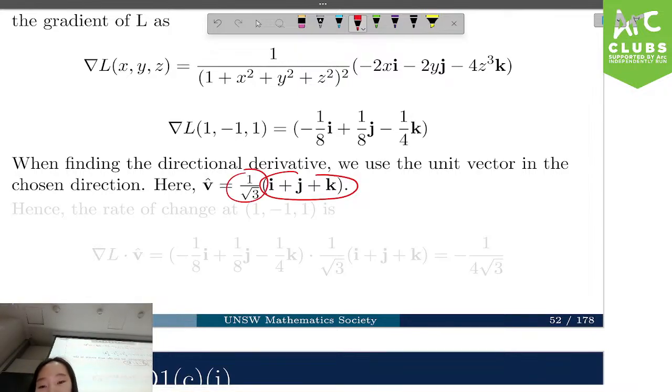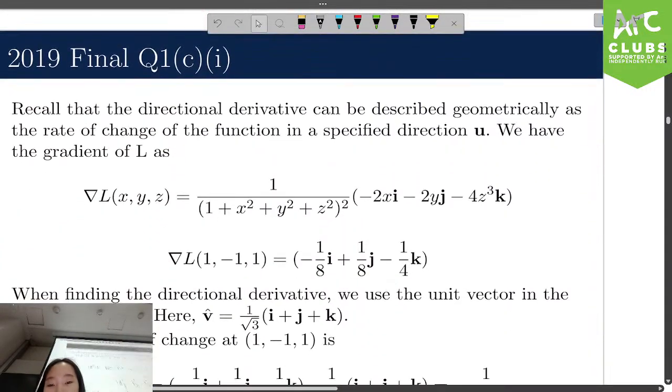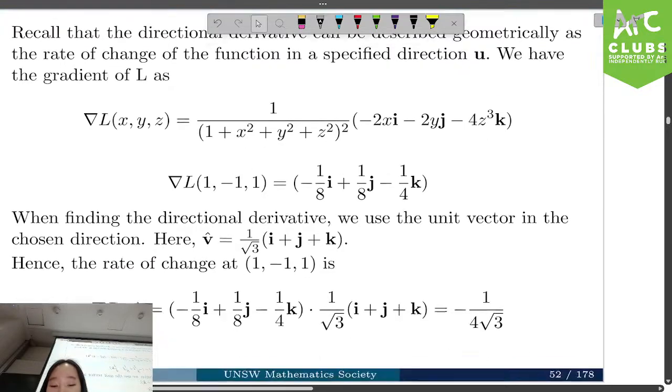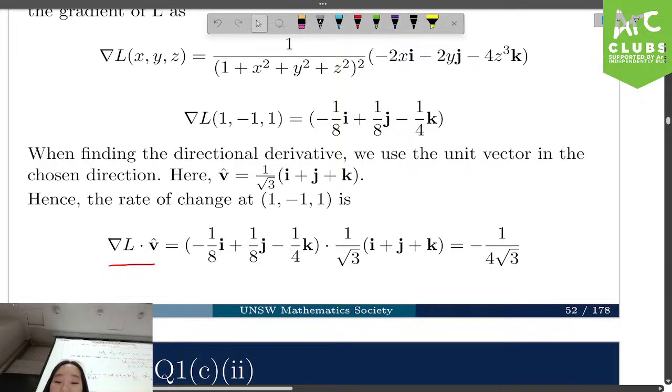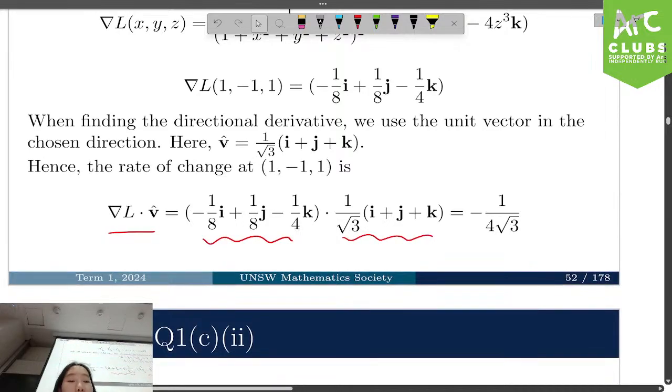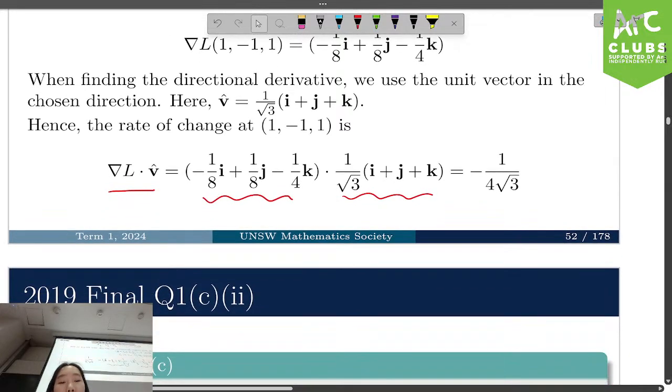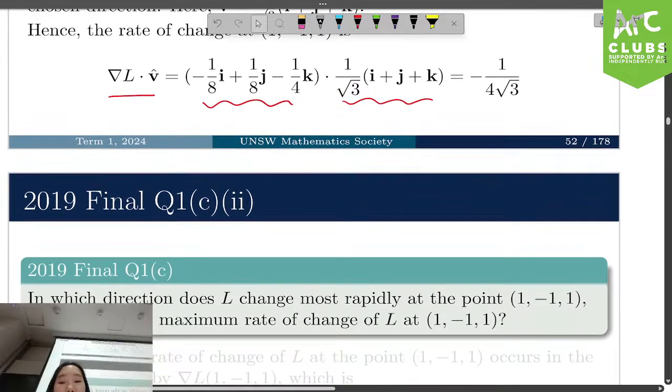That's our unit vector. Finally, our rate of change, which is another way of saying directional derivative, will just be nabla L times v, our unit vector, and it's approximately equal to -1/(4√3).